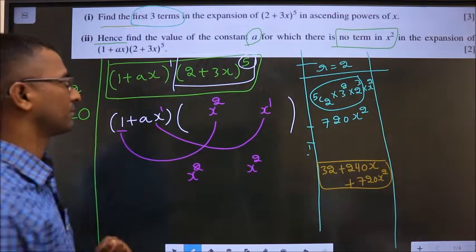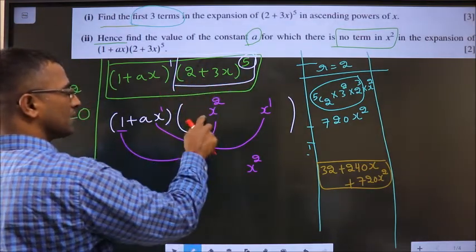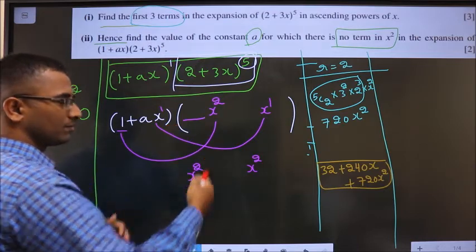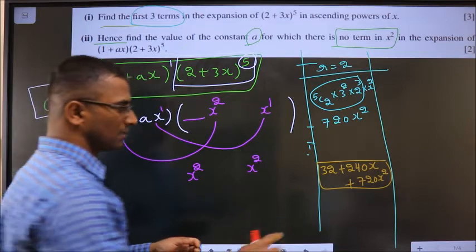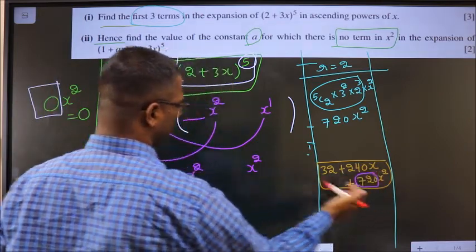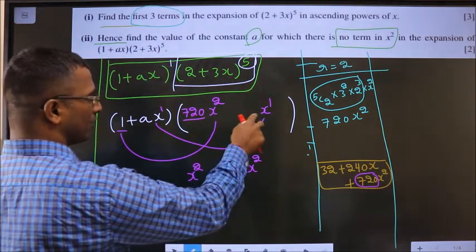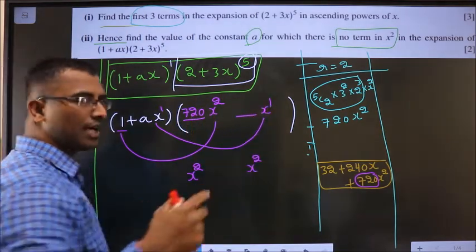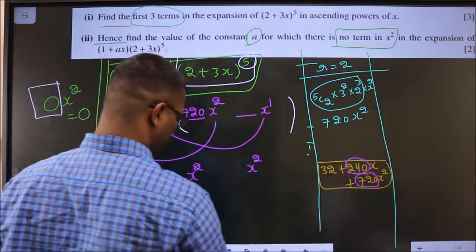Clear so far? Now, for this bracket, when you expand it, what is the coefficient of x square? Using the first bit, coefficient of x square is 720. Same way coefficient of x power 1, I make use of first bit, and that is 240.